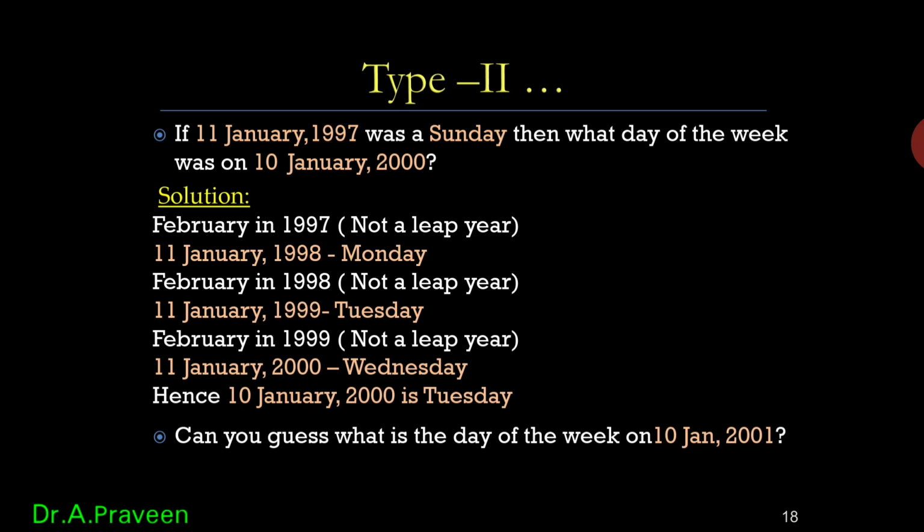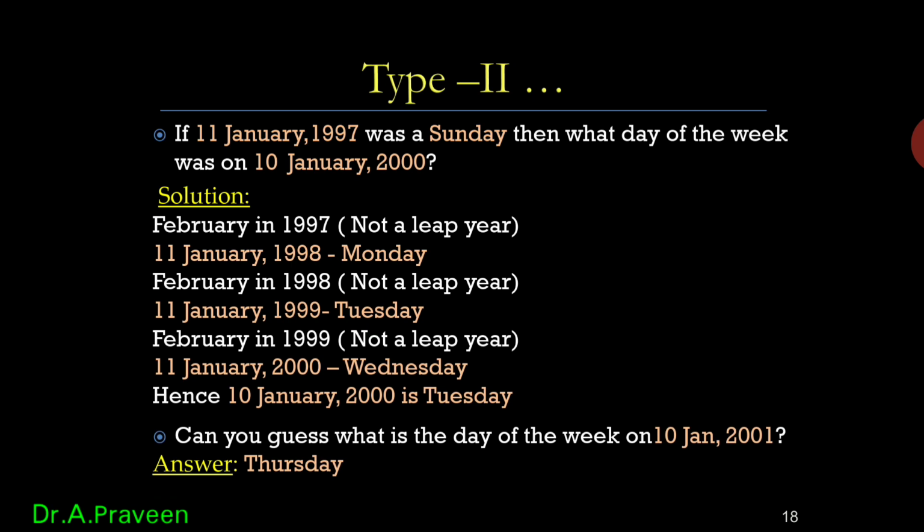As we move from 10th January 2000 to 10th January 2001, in the year 2000, we cross the month of February. 2000 is a century, of course a fourth century, so therefore it is a leap year. So the day of the week on 10th January 2001 will be 2 days after Tuesday, therefore it is a Thursday.